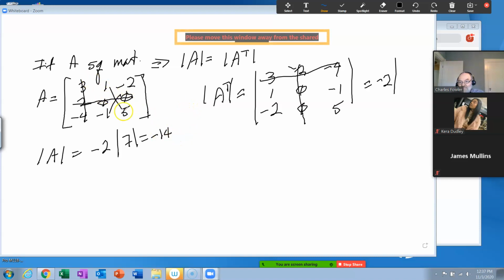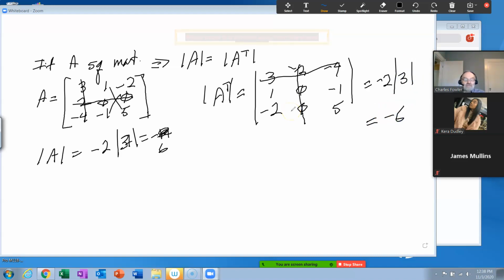Yeah, that's 5 minus 2, not plus 2. That would be 3, so that would be negative 6. And this would also be 5 minus 2 is 3, so that would be negative 6. They're going to have the same determinant. Both of them negative 6, if I could just have done them properly.